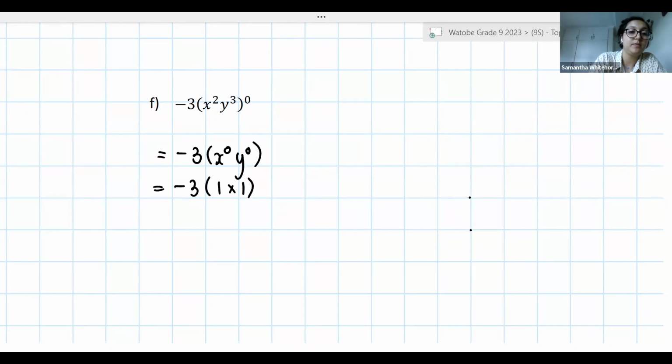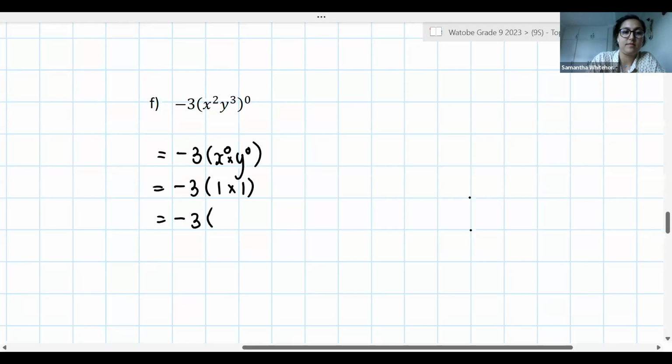Times 1. Oh, remember, it's times 1, multiplication. Oh, yes, ma'am. And then I said negative 3 brackets 1 close brackets, and then it gave me an answer of negative 3.